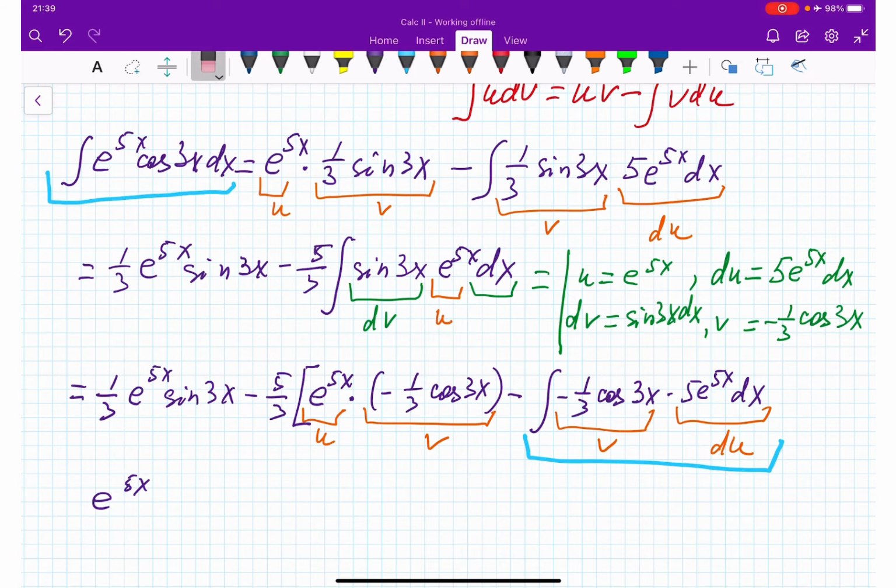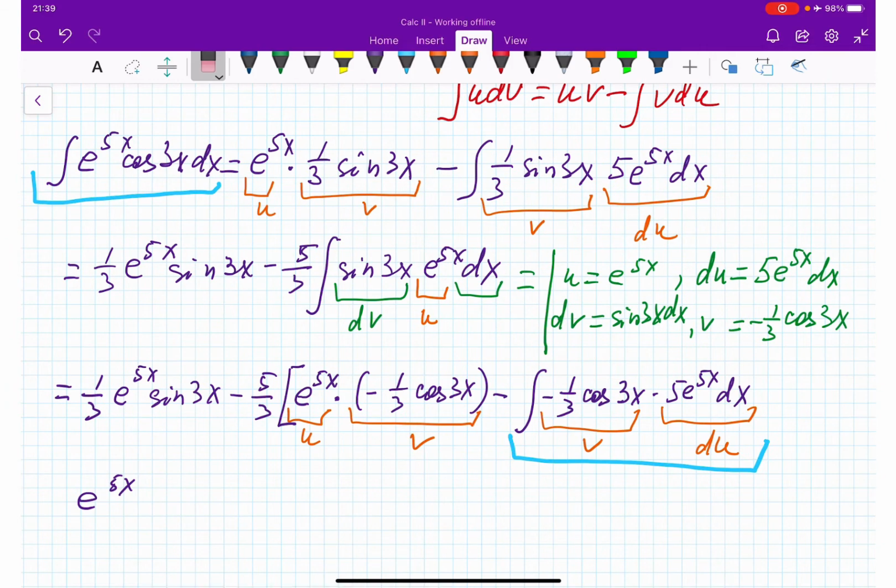So this is what I am doing again. I am doing the integral of e to power 5x cosine 3x, that's the original one, writing down, plus... hold on, let me see. Okay, let me distribute, go slow.